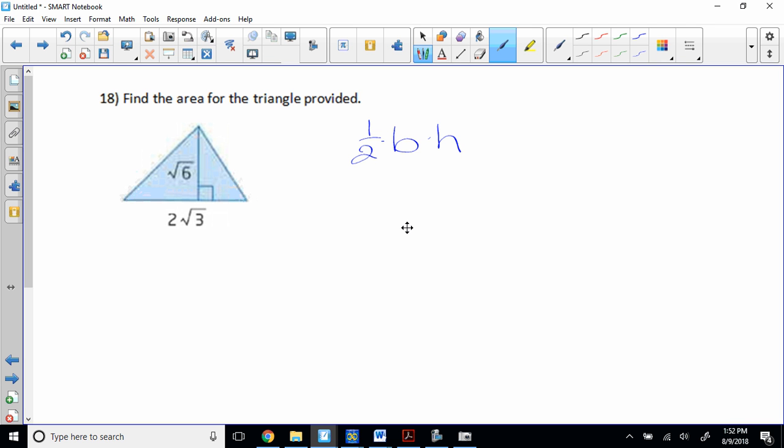Now I'm about to show you. Watch this. 1/2. What's the base? 2 square roots of what? What's the height? How would I take half of 2 square roots of 3? What am I taking half of? Not the number underneath the radical, but the coefficient. So what's half of 2?